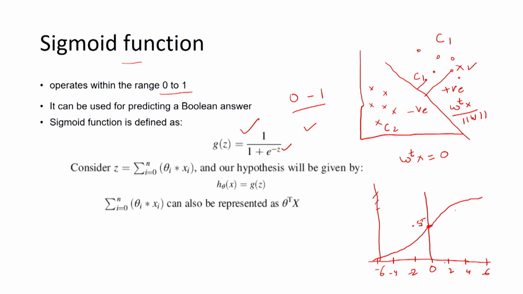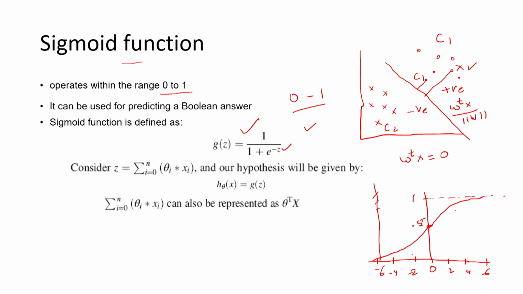So, we can say that when we provide a positive value of z, its value will be greater than 0.5, and when we increase the value of z, the function value g(z) will become high and finally be close to 1.